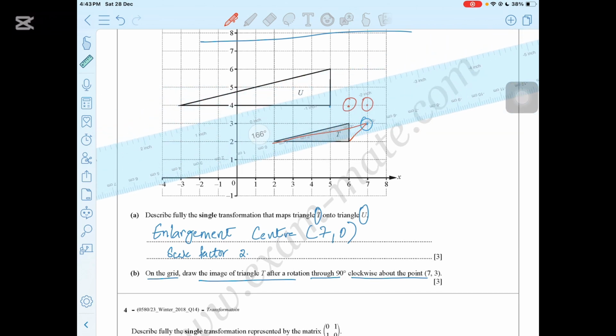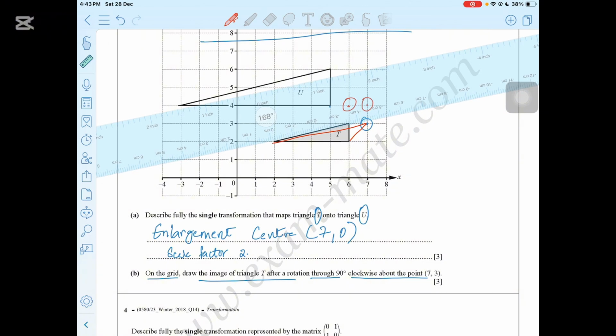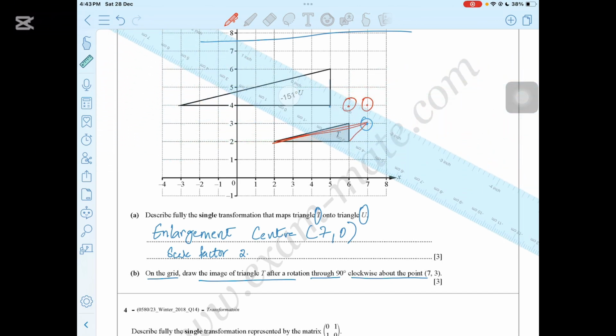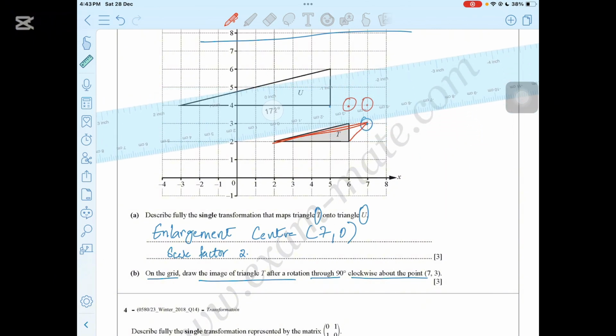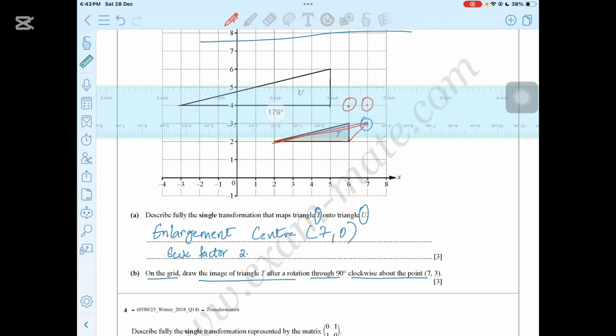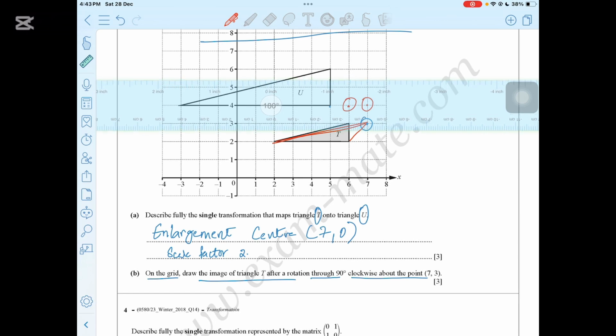Do we have degrees? Yes, we have the degrees over here. Just make a line over here. This is 168. We have to increase, right? Or you can say, if we add 22 to it, this would be 180, right?